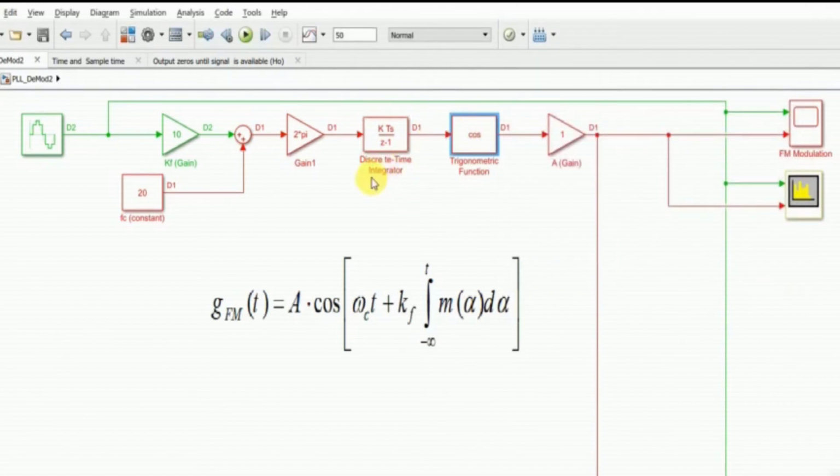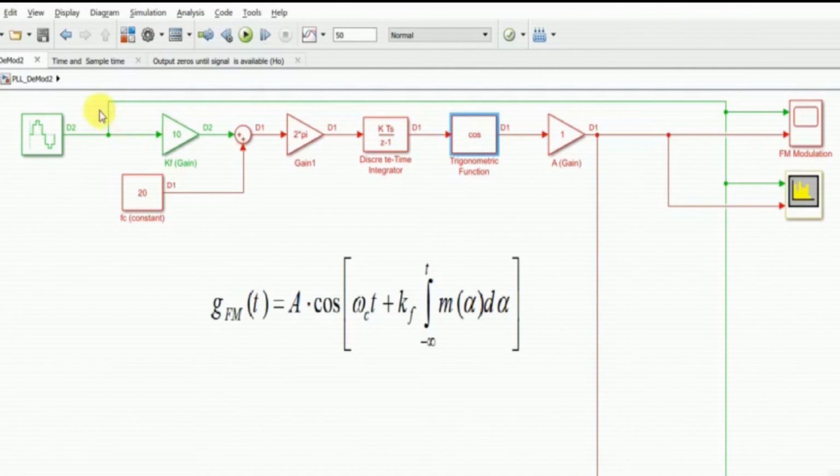Also note that I have used a discrete time integrator, but you can also use, preferably that you use a continuous time integrator. For a later work, I have considered just discrete time integrator in this simulation, and eventually we would pass it through a gain which is just unity, so it will not play any role over here, and the output of this is fed to a scope.